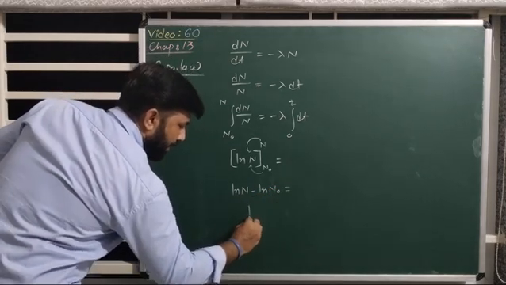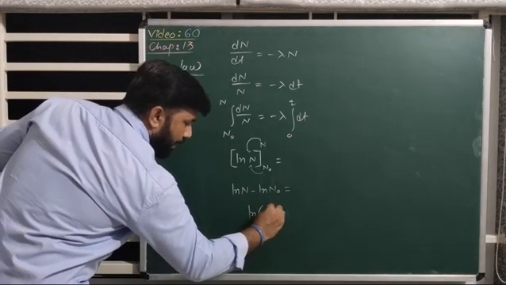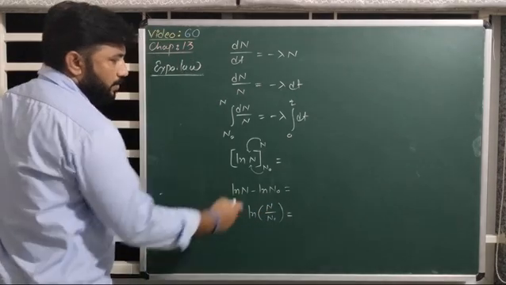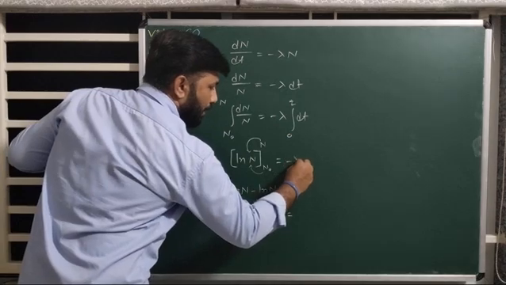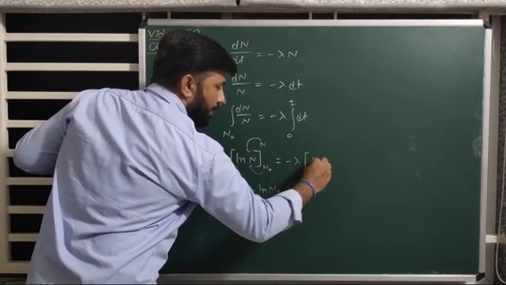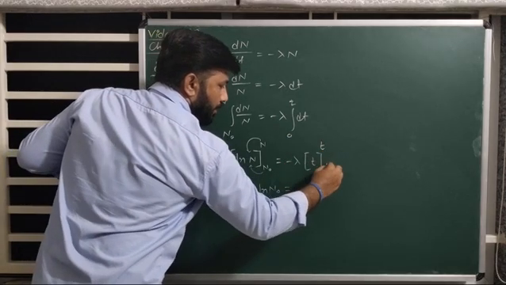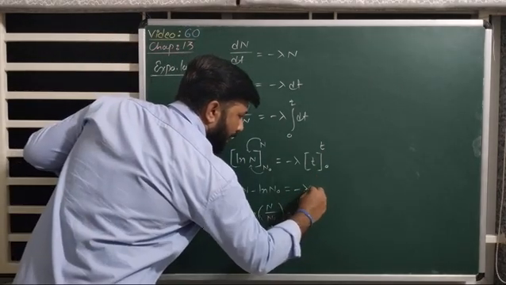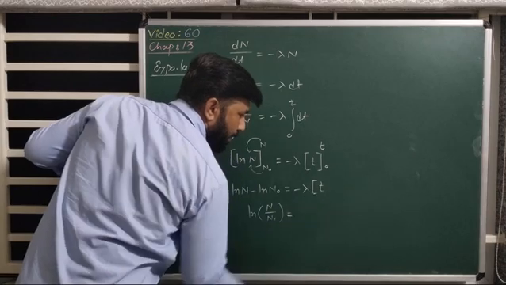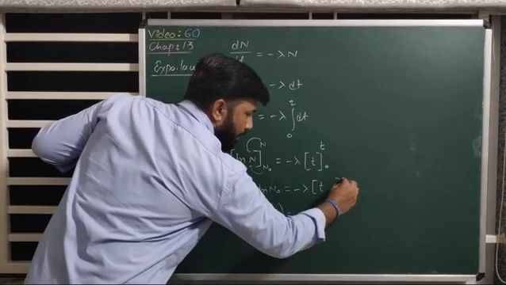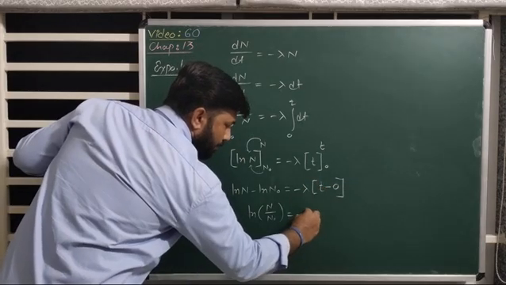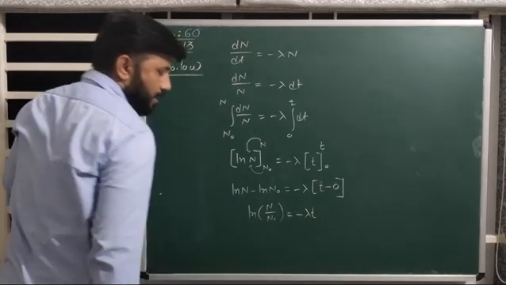It can also be written as ln(N/N0) is equal to, now coming on that side, minus λ, upper limit minus lower limit, so it is -λt.